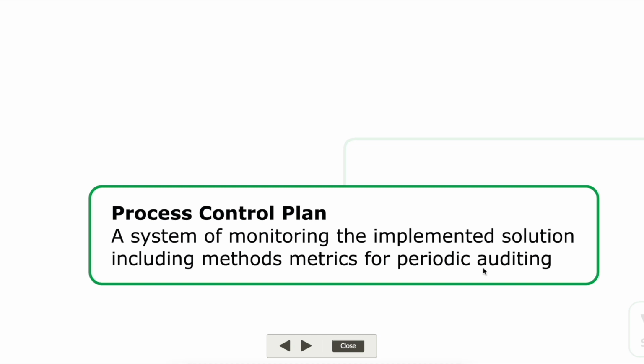Same thing here: we must provide this information, on what metrics the owner can later audit the performance of the process periodically. Periodically means after every certain period of time, maybe on a weekly or monthly basis.